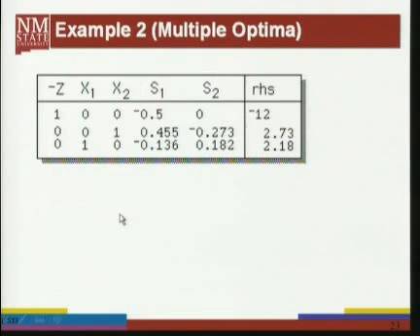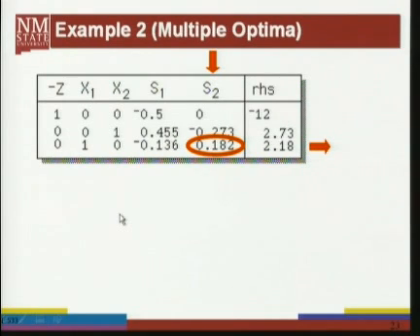And because there is a 0 value of relative profit, that is, increasing the S2 variable will not affect the objective function value, which means it really doesn't matter whether S2 enters the basis or not, right?